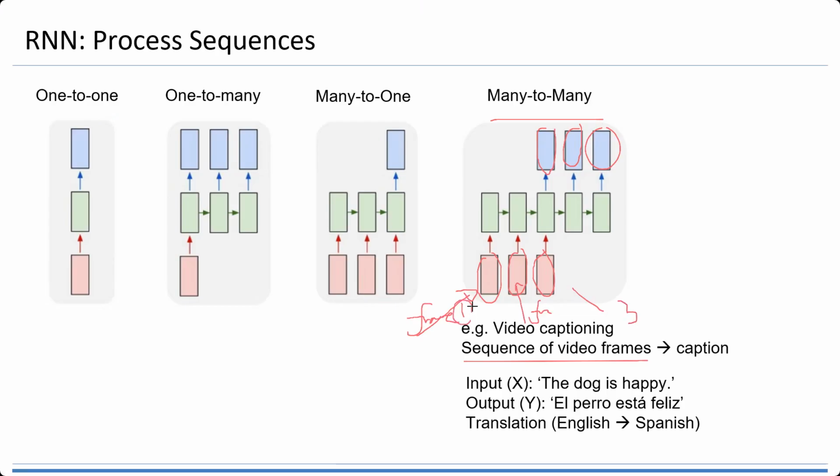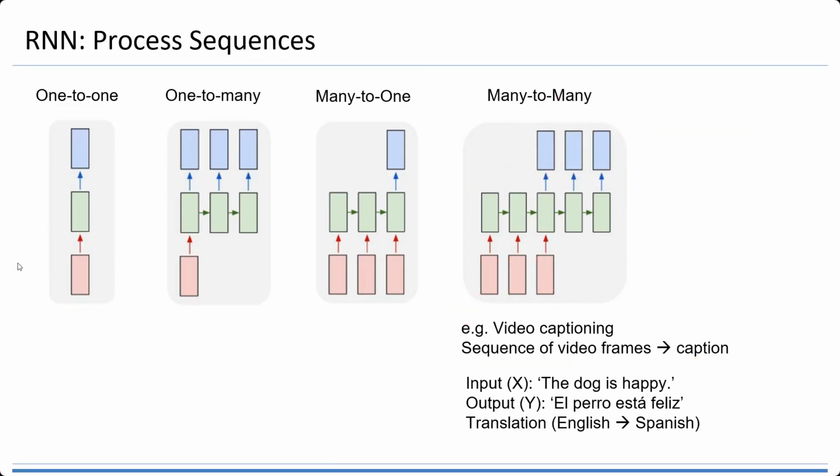Based on the information from these frames, we can produce an output, which is some kind of caption. For example, "this is a picture of a banana." The caption is a sequence of words, one word represents one output, and so on. So it is many to many.